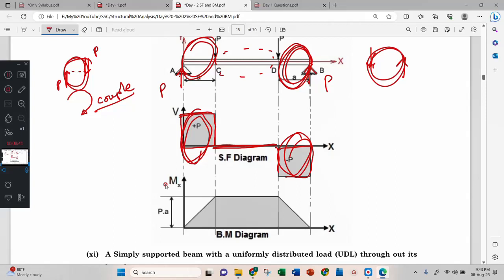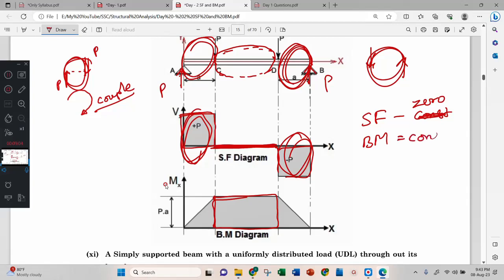They are not acting as any shear force in this zone. Now the shear force is 0. When shear force is 0, then the bending moment is constant. This you have to remember.